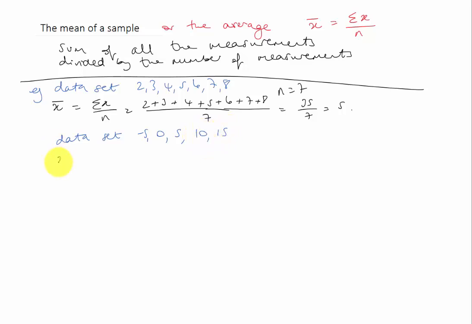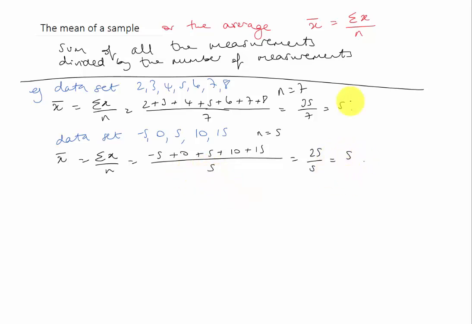In this case, our mean is equal to the sum of x over n, so that's -5 plus 0 plus 5 plus 10 plus 15, all over 1, 2, 3, 4, 5. So here n is equal to 5. So that is 25 over 5, which is equal to 5.